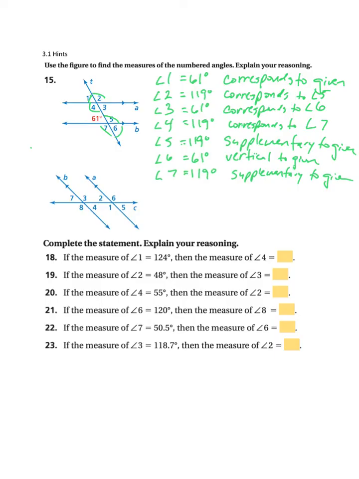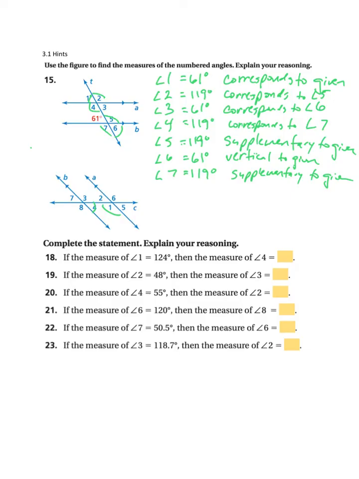All right, I'm going to go ahead and do 18 through 23. On your big ideas, these are multiple choice, so you're kind of looking for which statements might work. So first of all, number 18, we have if the measure of angle 1 is 124 degrees, then what's the measure of angle 4?